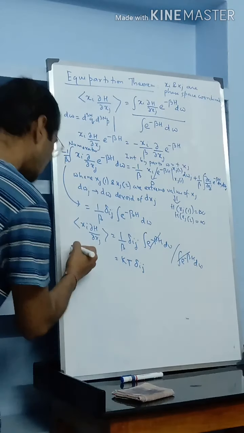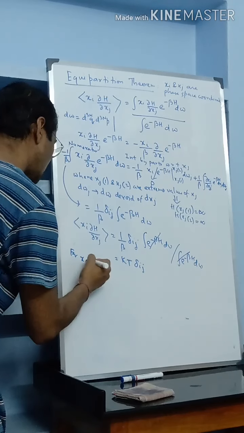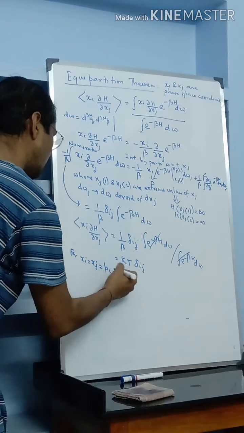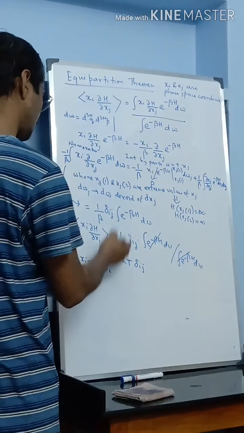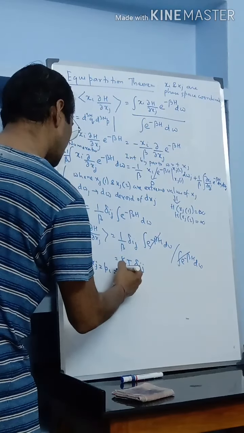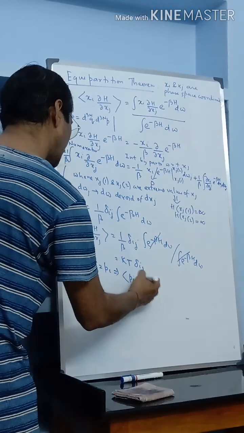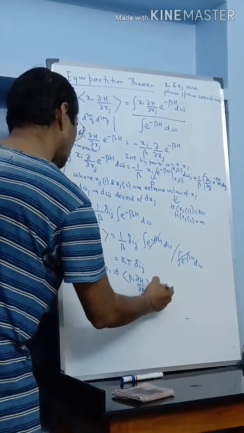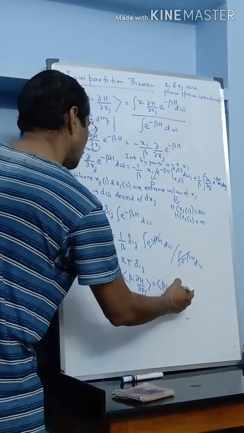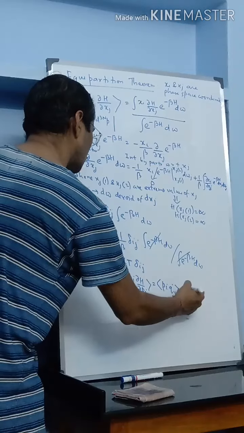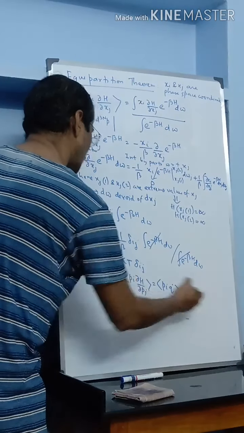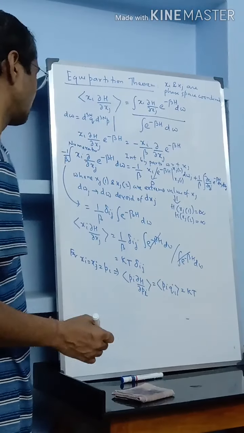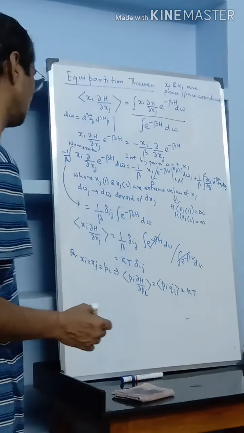Now for a special case, for xi equal to xj equal to pi, the momentum, we can always write pi del H by del pj, which gives us pi qi dot to be equal to kT for i equal to j, so pi qi dot is kT.